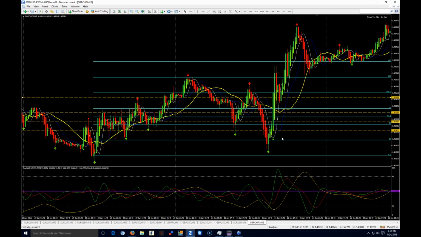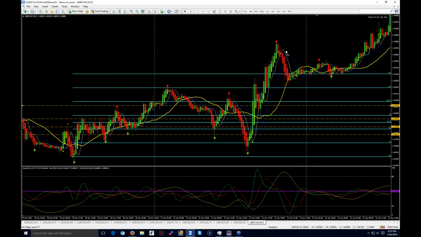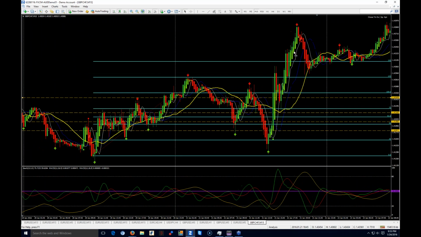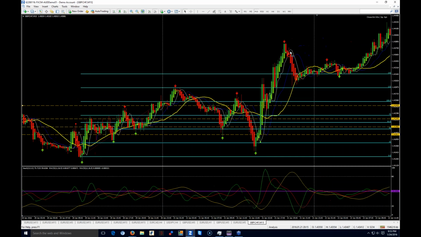Yeah, it's right near their same bid points, which is not too bad. Very, very similar. Really good stuff. Cool.